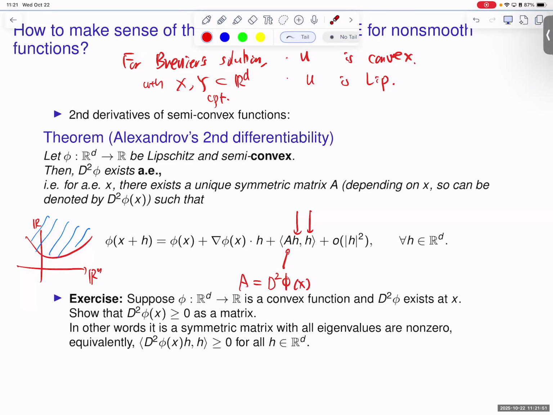For Lipschitz and semi-convex functions, so semi-convex function has a better property than Lipschitz function, right? Because it is related to the second order property, second order differentiability. So there, Alexandrov's theorem says, indeed, the convex functions or semi-convex functions have this almost everywhere second order differentiability.